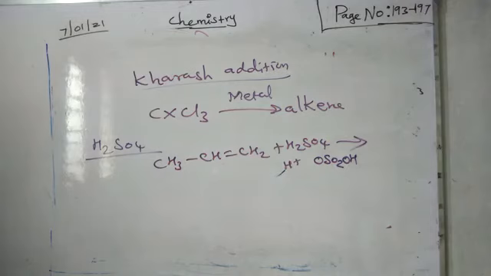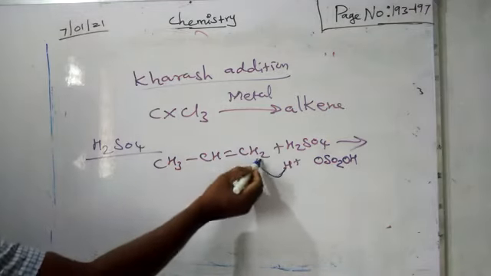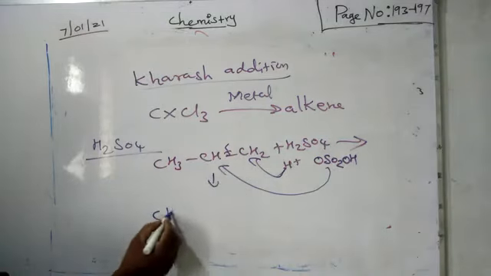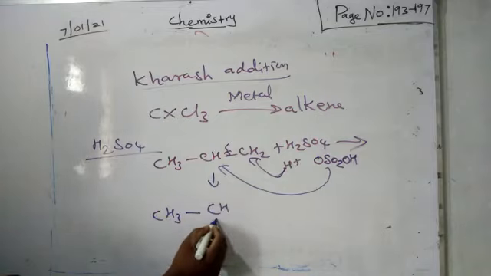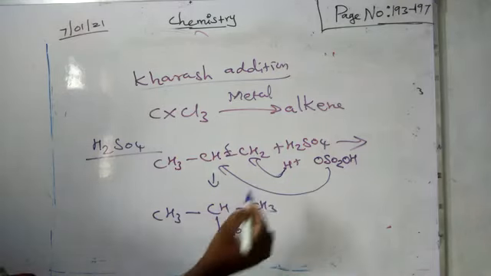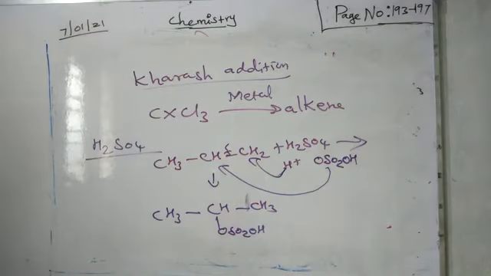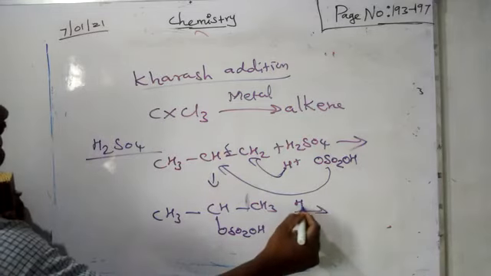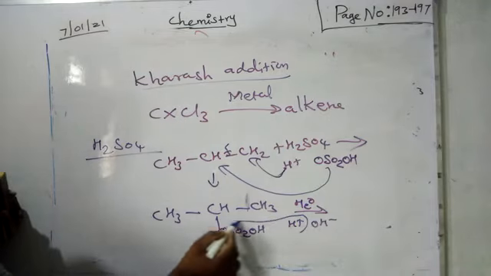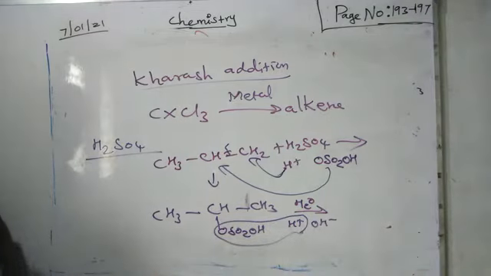Where will you add? The carbon having more hydrogen gets the H, then the OSO2OH group goes on the CH group. Now the intermediate is CH, OSO2OH, single bond CH3. Actually this is our intermediate, which further reacts with another mole of water. On hydrolysis it will produce H plus and OH minus. H plus and this group become H2SO4 again.